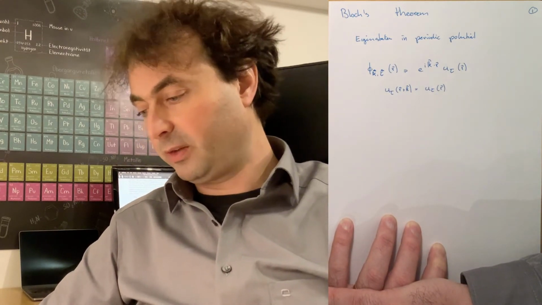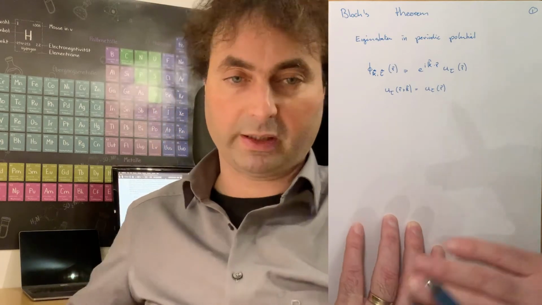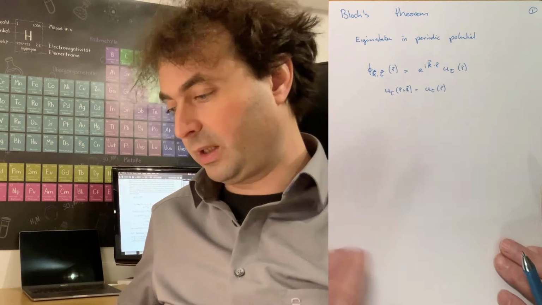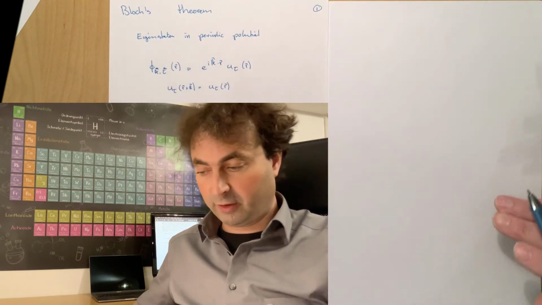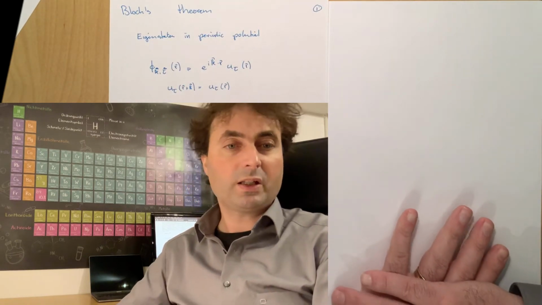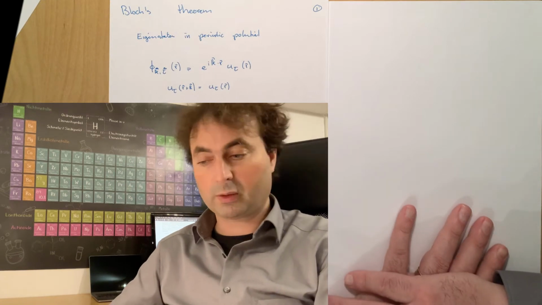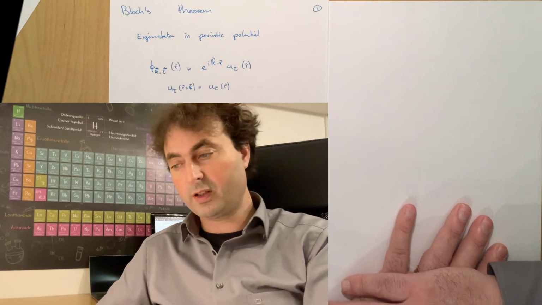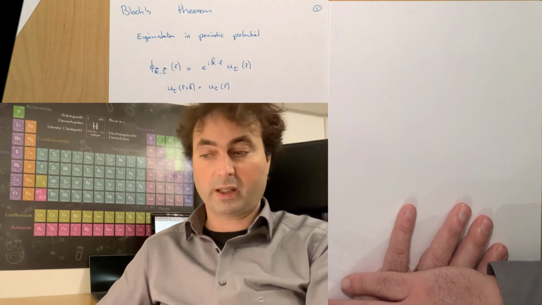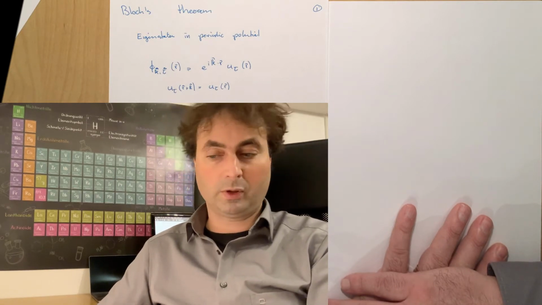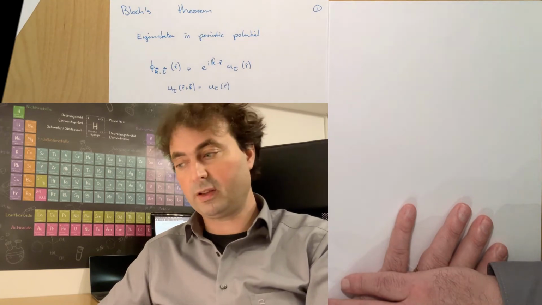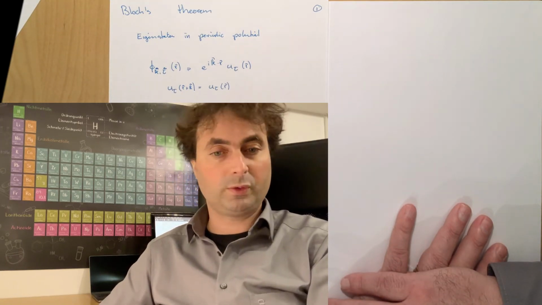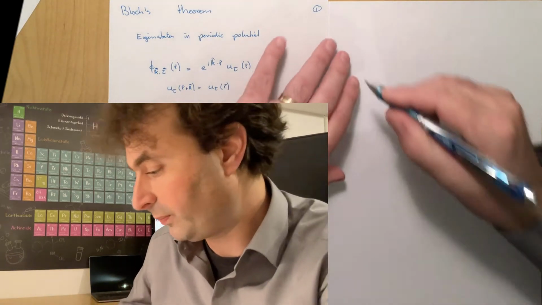And this is a very useful formula that we will use in the next videos or next lectures to derive material properties. In this video I would like to show you two different proofs of this theorem. One is based on the property that only states with the same crystal momentum interact with each other, and the second proof is based on symmetry arguments.